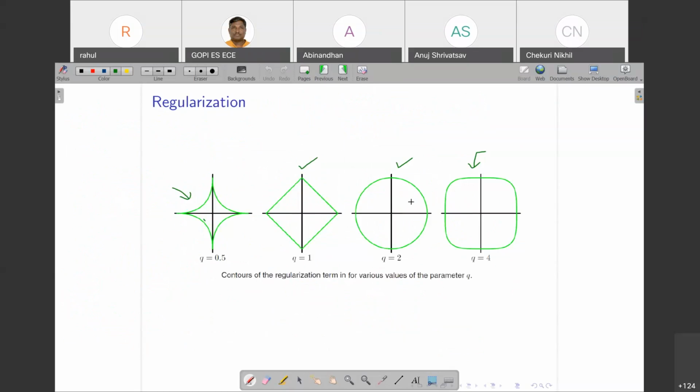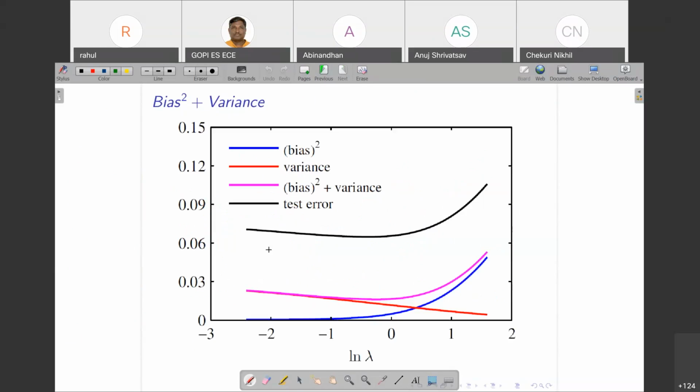But what is more important is, as somebody is saying, the importance of this lambda value increasing or decreasing, and how this average value is changing. As you see here, the error involved in a regression problem can be split into the bias squared error and the variance.